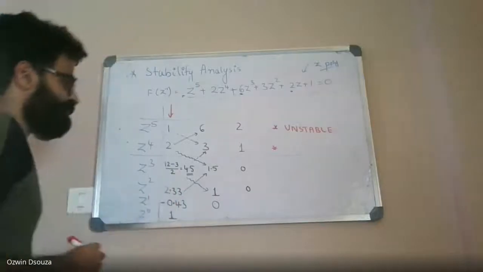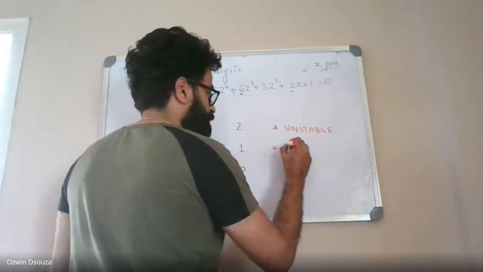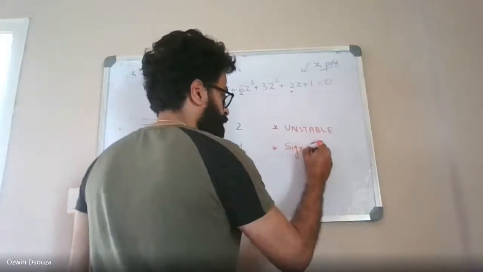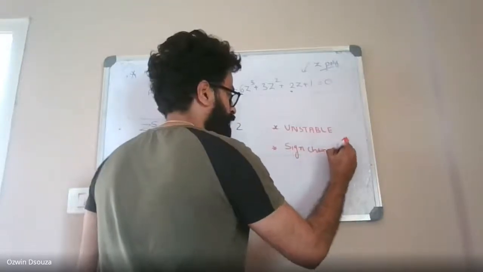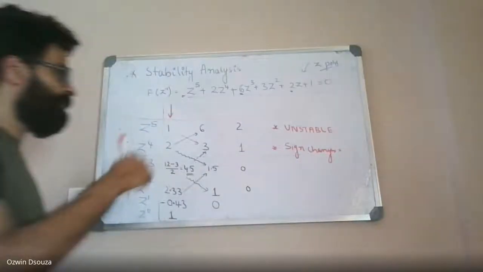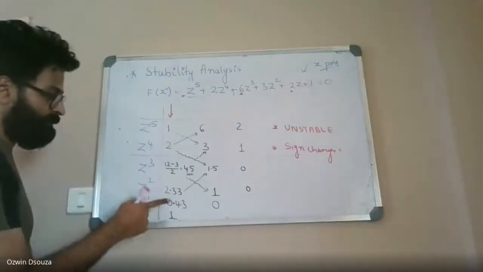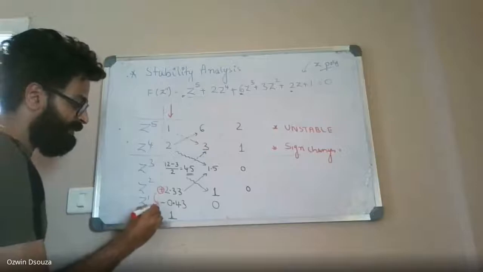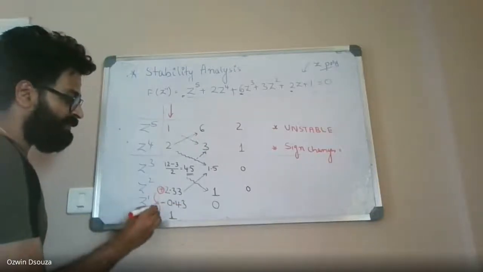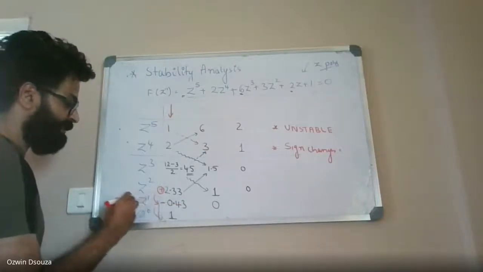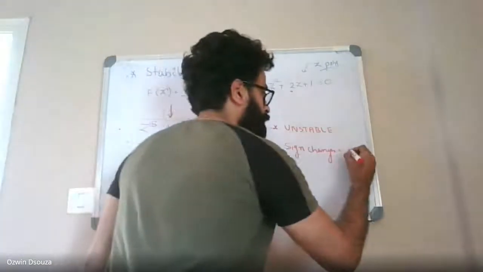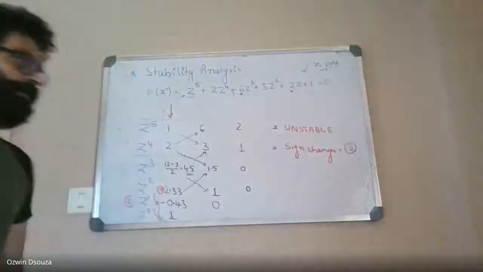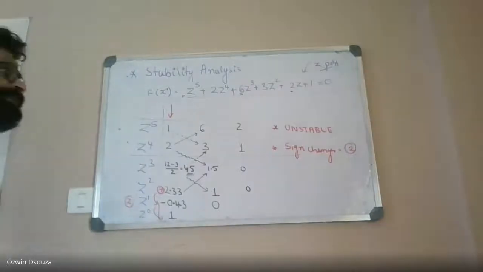And second point is how many sign changes in the first column. So 2 sign changes, right? Positive to negative, and then negative 0.43 to positive 1. So basically there are 2 sign changes. Okay. So what is that you are going to conclude?